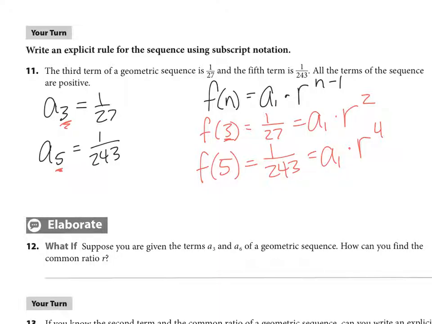Well, let's rewrite our values here. Instead of 1 over 27, let's write it as an exponent. What is 27? 3 to the what power? It's 3 to the third. So that's 1 over 3 to the third, which is really 3 to the negative third power.